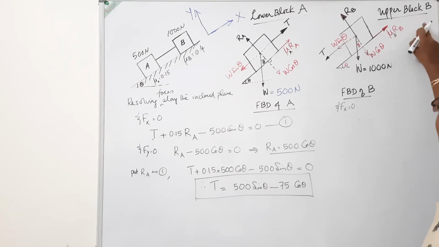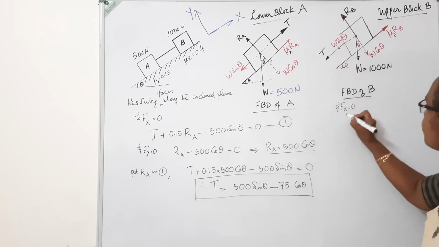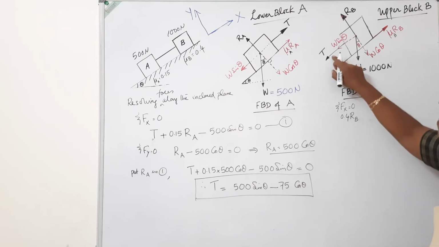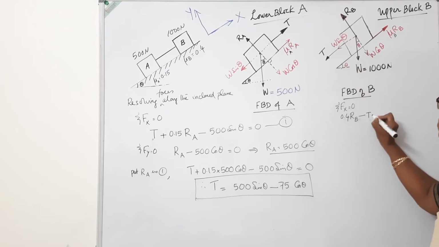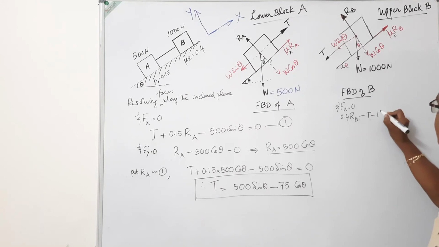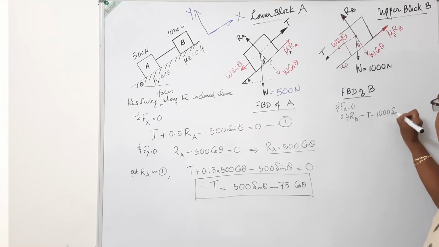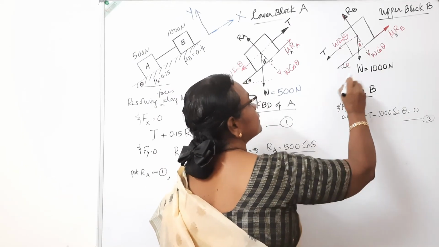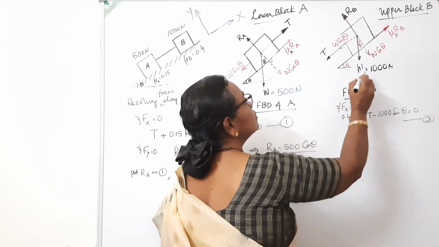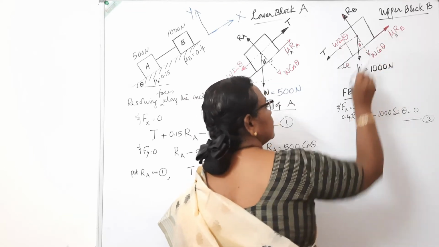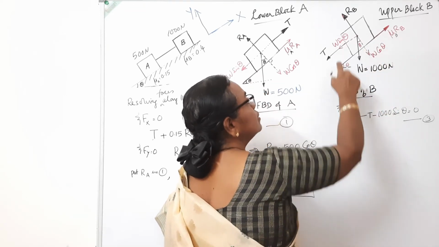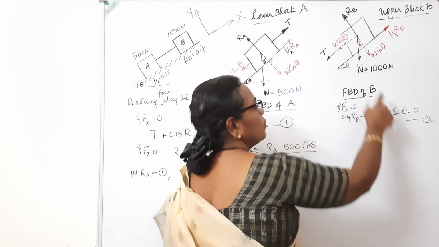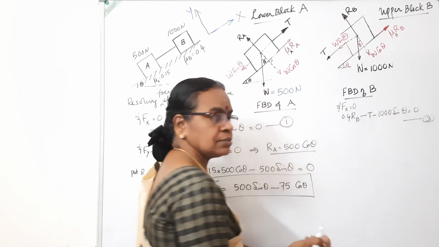Only mu B RB is acting upwards, mu B is 0.4, so 0.4 RB minus T minus W sin theta, that is 1000 sin theta, is equal to 0.